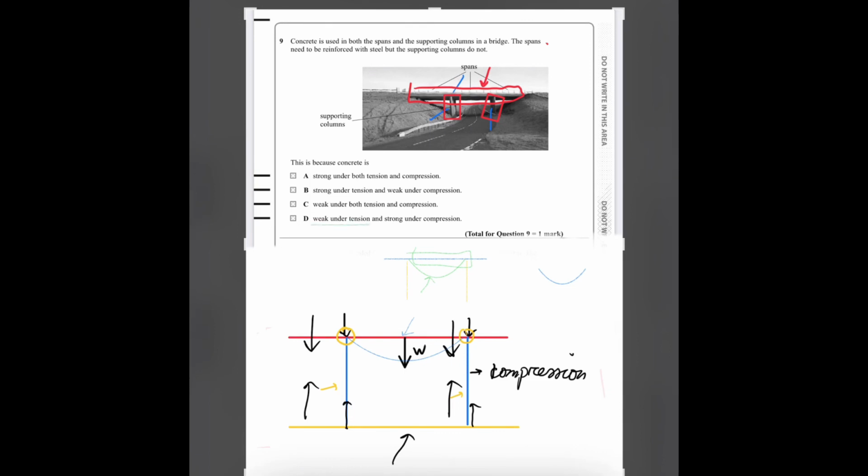Concrete is weak under tension, we need steel to support the span. And since we do not need steel in the supporting column, it means that since the supporting column is under compression, concrete is strong under compression and it does not need the help of steel.